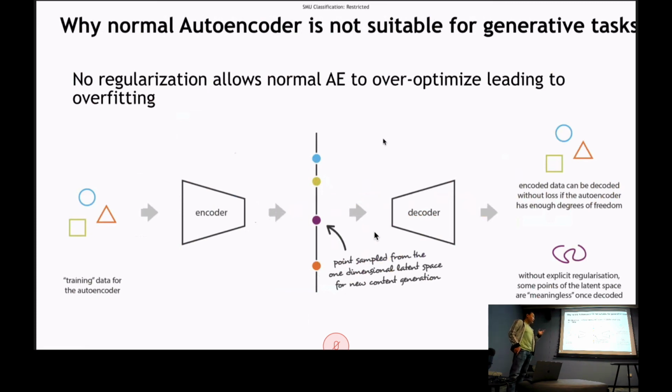This also means that when we randomly sample data from the latent space and put it into the decoder, it would produce meaningless content, because it is only optimized for certain points in that latent space. Only these points will produce a meaningful output, and any other point on that latent space will produce some nonsense.